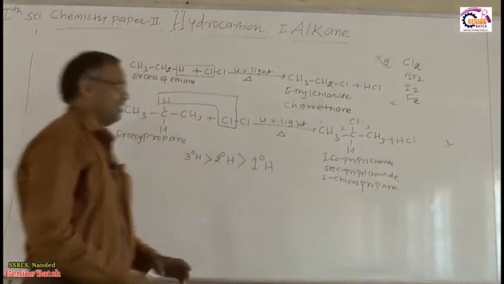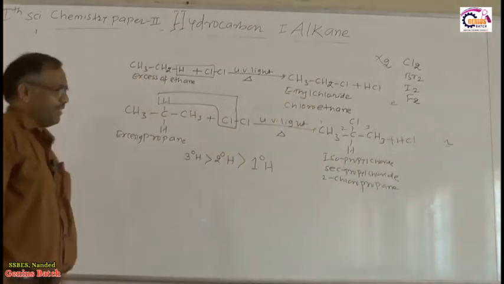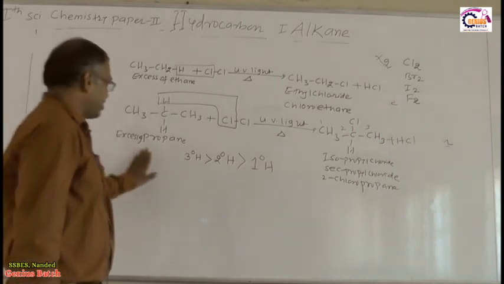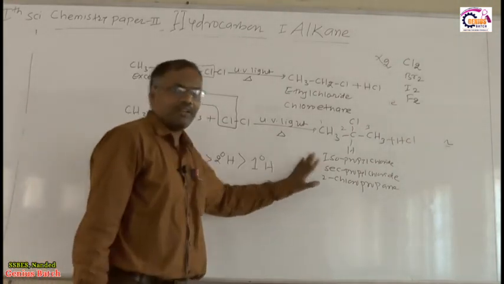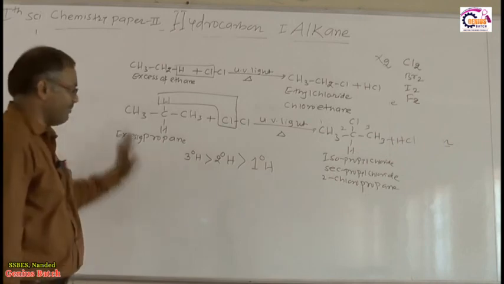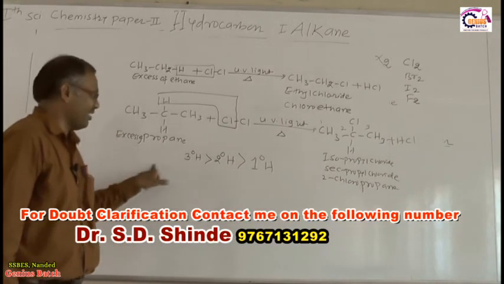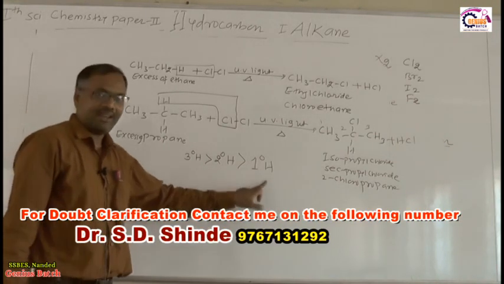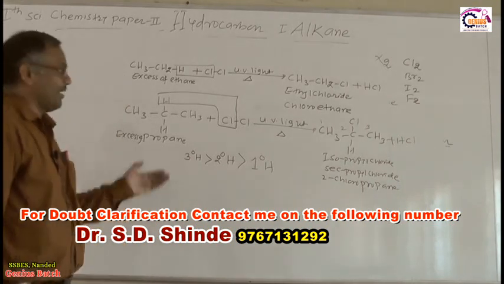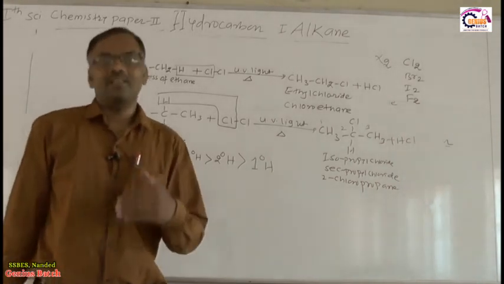Right? Okay. So this is the third example. Excess of propane gives isopropyl chloride. To solve this problem, you should know this order: tertiary hydrogen, then secondary, then primary. Okay. So the next example we will see in the next video.